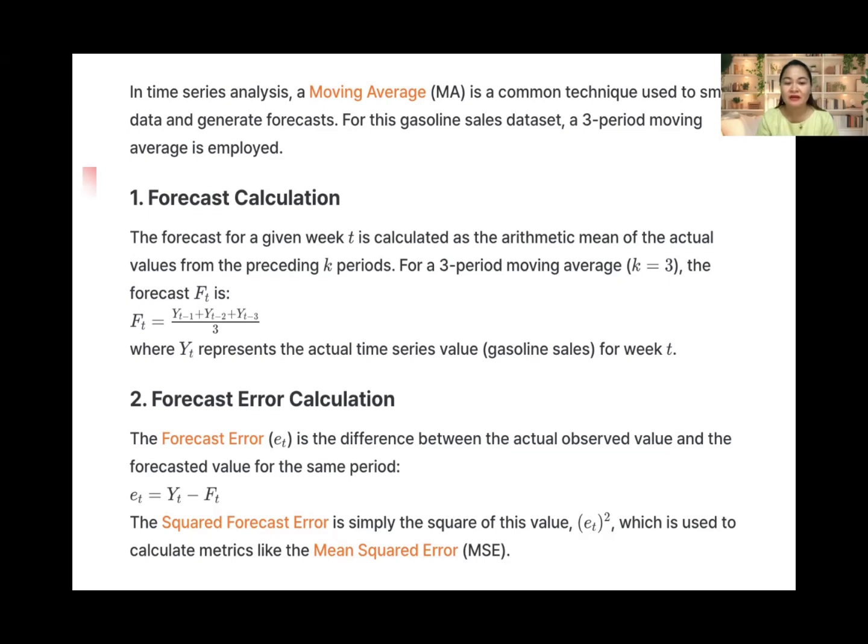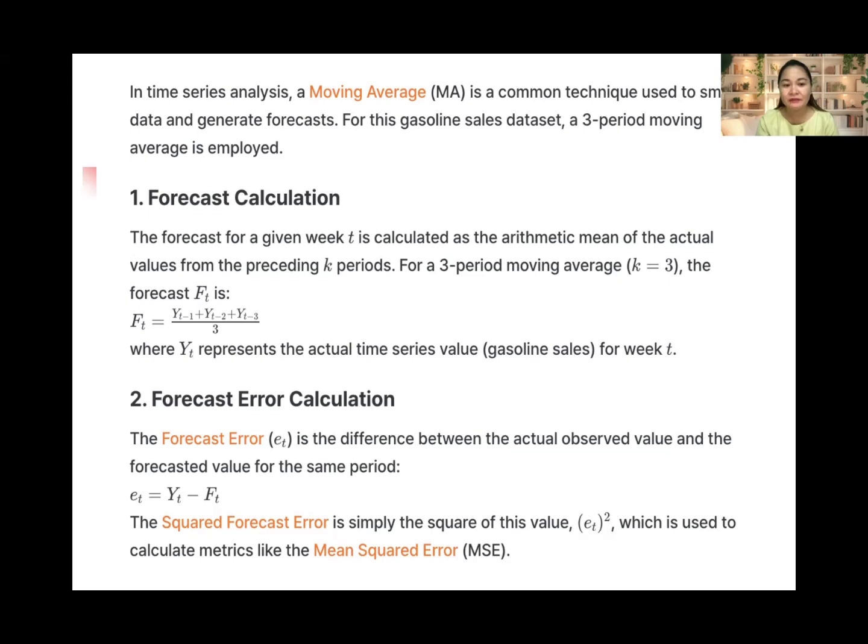The formula for the forecast is the data for week t minus 1 plus t minus 2 plus t minus 3, over 3, since you are using period 3. Yt represents the actual series value of gasoline sales for the next week.